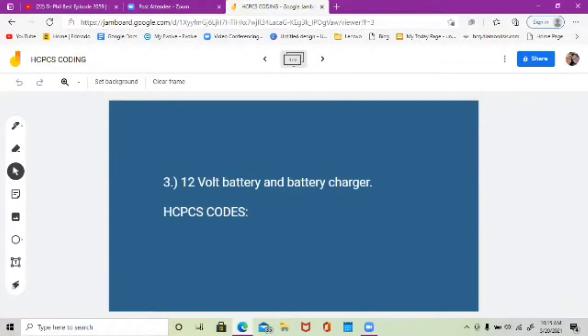When we look up battery, we see battery, and beside it has L7360 through L7364 through L7368. So I would write those down.